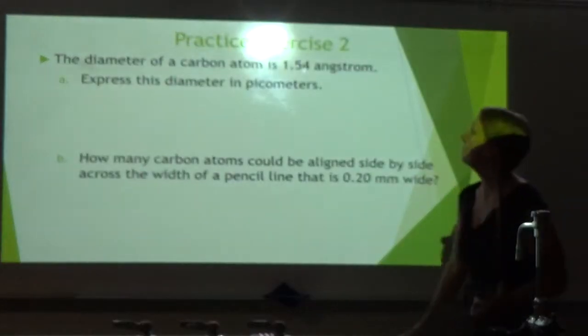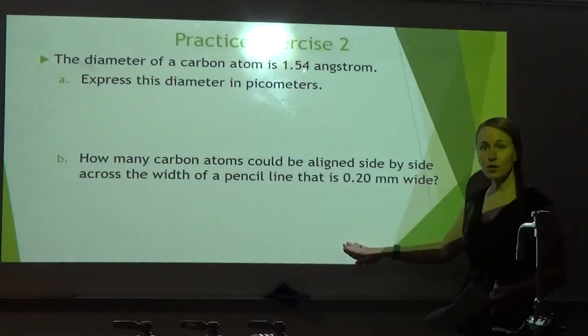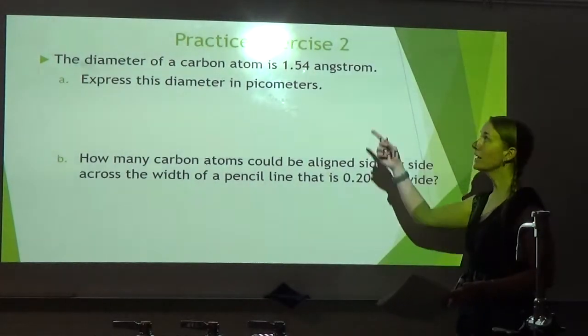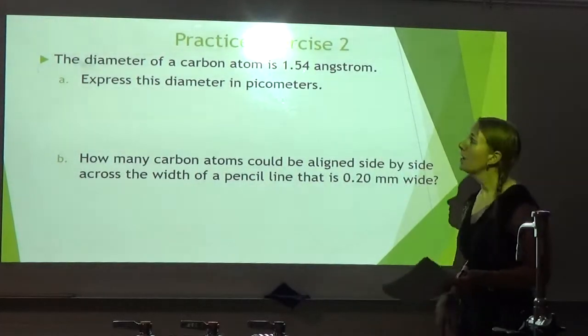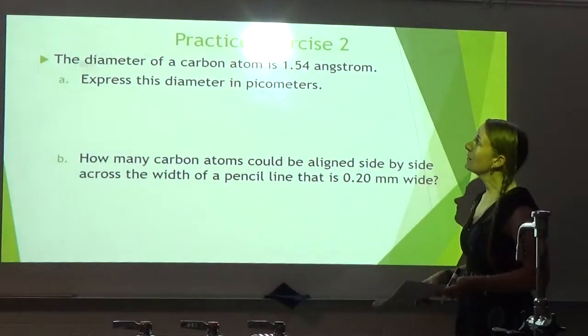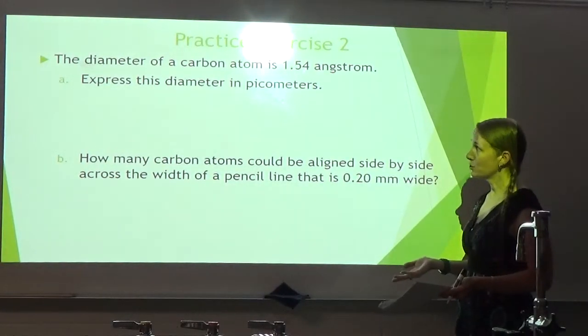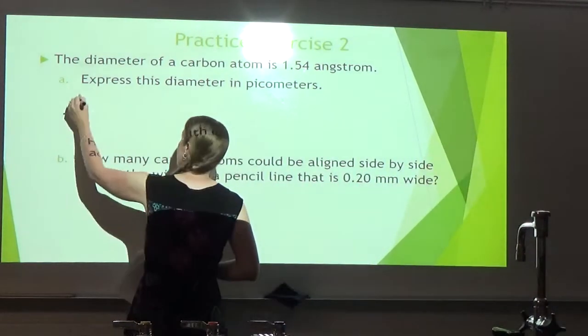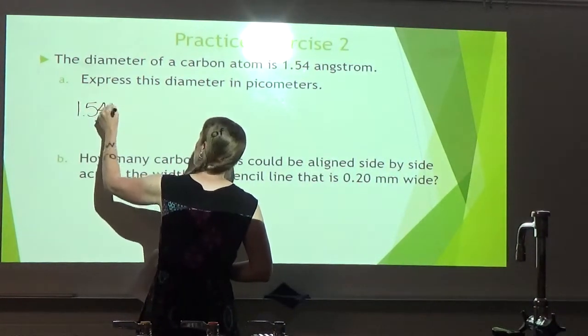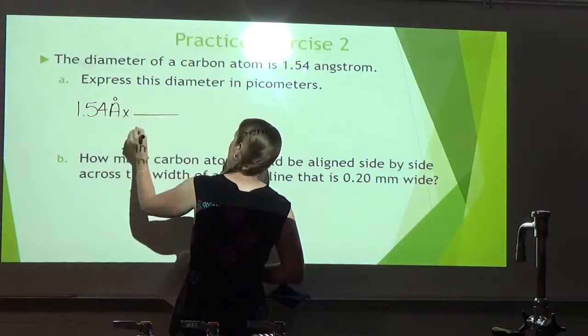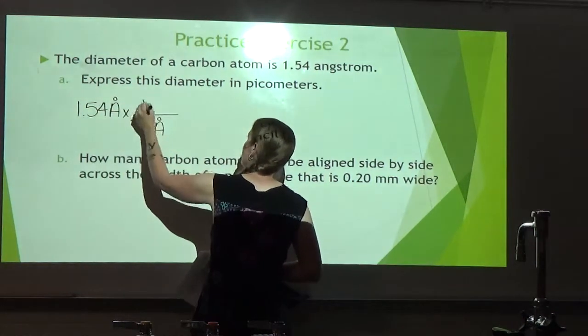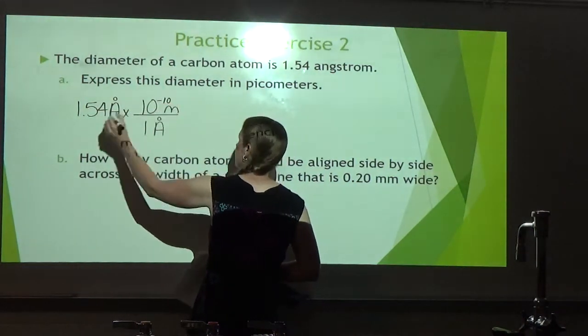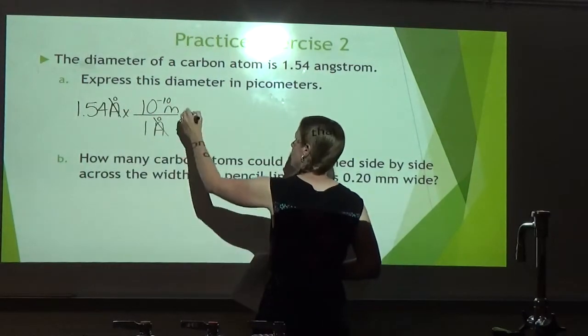Alright, so maybe pause it and try these two on your own so you can get some practice converting and using angstroms. It says the diameter of a carbon atom is 1.54 angstroms. Express this diameter in picometers. So I just start with my angstroms, 1.54, and I know that 1 angstrom is 10 to the negative 10 meters. So my angstroms cancel.